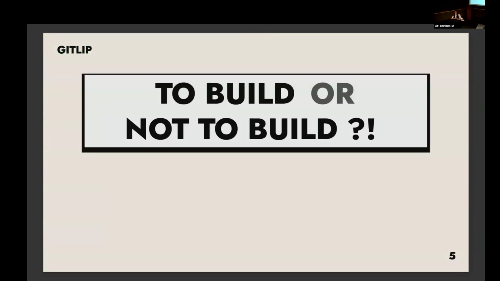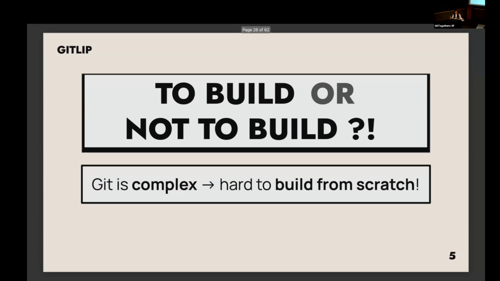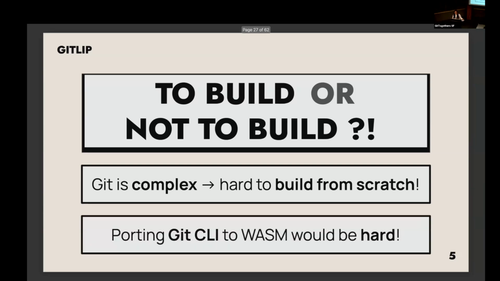When starting a project like this, there's always a choice of what open source library to leverage and what to build from scratch. Git is sufficiently complex that building its mechanisms from scratch exceeded the scope of this project. Also, we quickly learned that porting Git proper to WebAssembly would be almost impossible due to Git lacking a clear programming interface because the source files are tightly coupled.